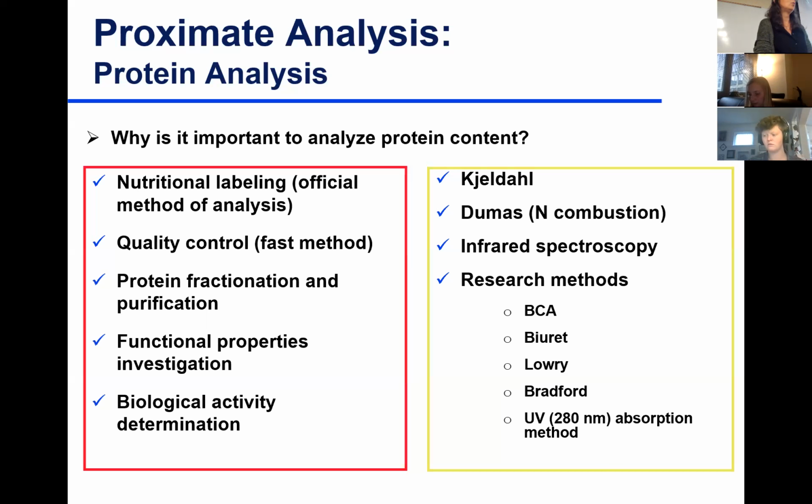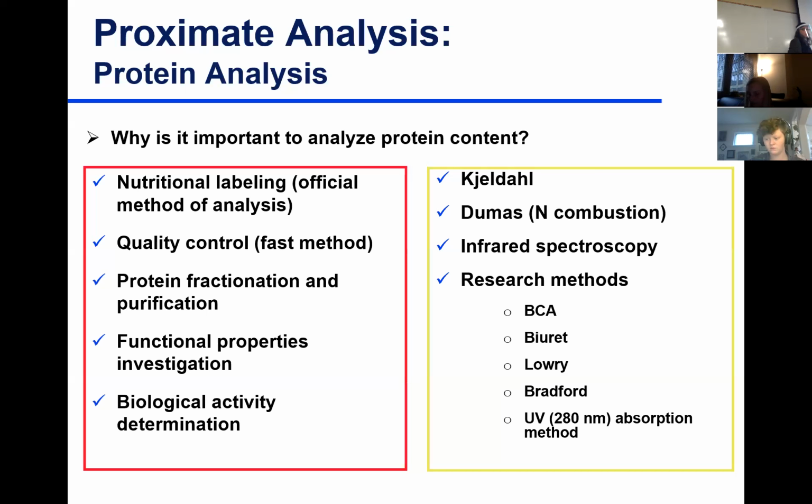And normally we report the activity of an enzyme. So you need to know the activity per 1 gram of that enzyme or 1 gram of that protein, which is an enzyme. So we need to know the amount of protein, which is a purified enzyme, so that we can get the activity of it.